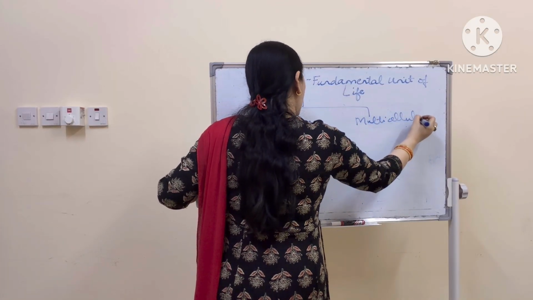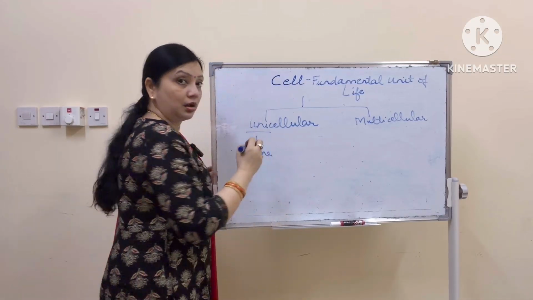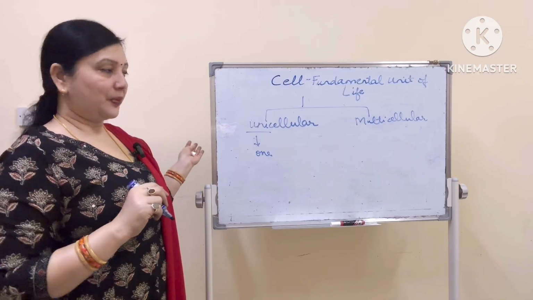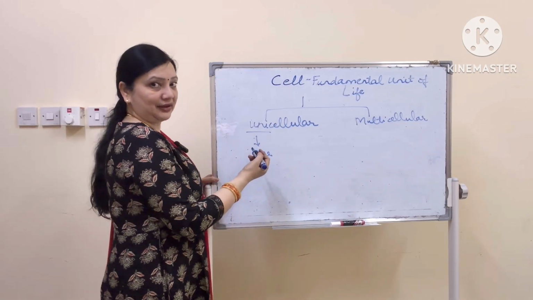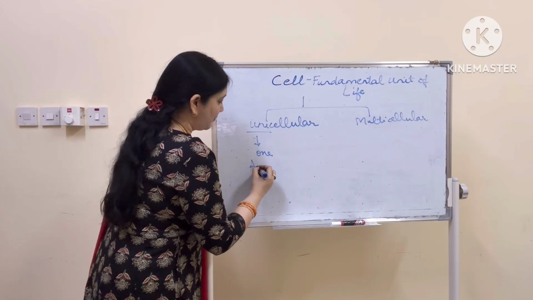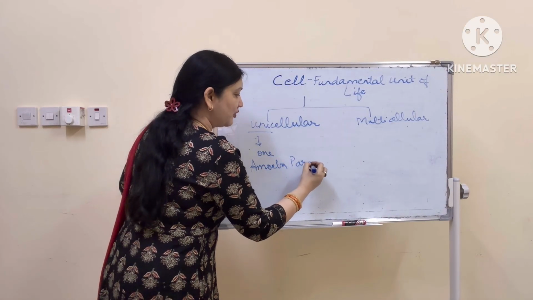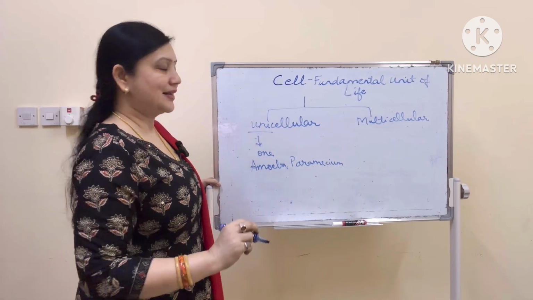Uni means one. So organisms which have only one cell. In the previous talk, I told you about some organisms when we were studying the shape. Amoeba, paramecium, there are many more also, and if you know any organism which is unicellular, mention it in the comment section.